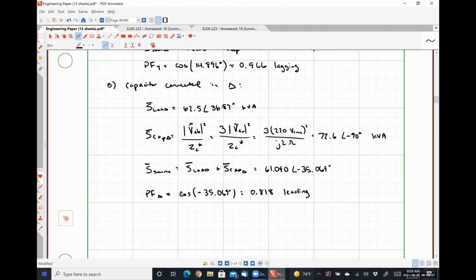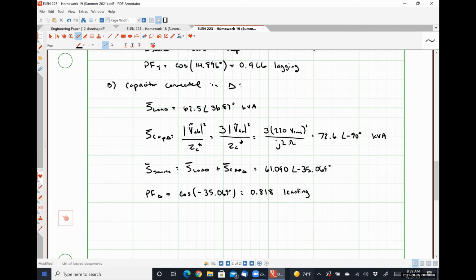We can see that we've gone all the way to pretty considerably leading. Right, we've made our system almost as much leading as it was lagging without the capacitor bank in there at all. So we way overcorrected.